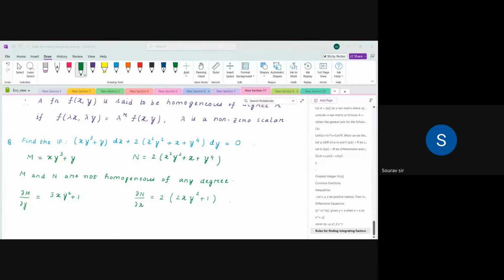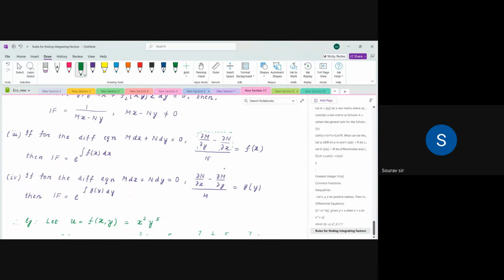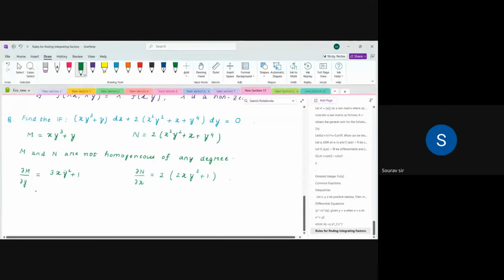So now if you subtract these two, if you look at point 3 and point 4, in the numerator the order is just reversed. The first one is del M by del y minus del N by del x, and in the fourth one, it is just the reverse that you are doing in the numerator. So you can take it in any order.